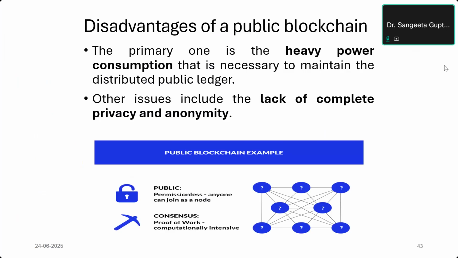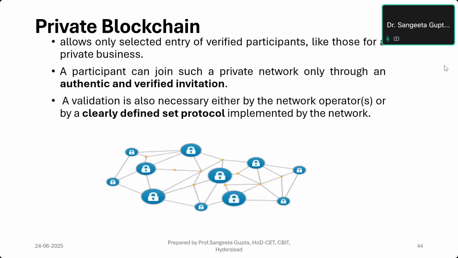Also, privacy and anonymity maintenance is another major issue. So, if we are preferring privacy, then better not to opt for a public blockchain. But if you are a developer exploring blockchain, then it is the best choice to get started with public blockchain. Also, the public blockchain is set to incorporate a consensus algorithm known as proof of work.